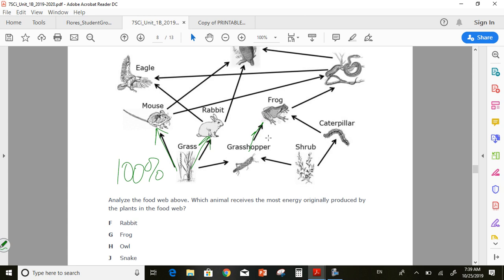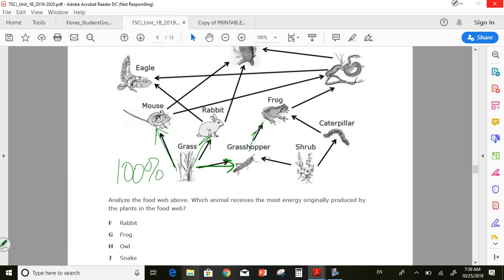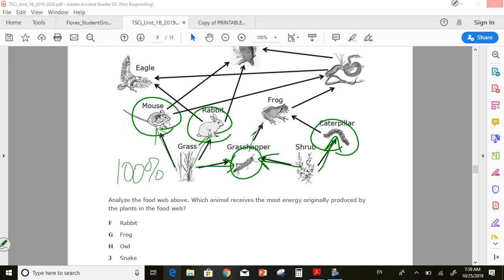This one, oh, I guess I must have changed something, okay? The caterpillar. So we got 1, 2, 3, 4 organisms that will receive 10%.